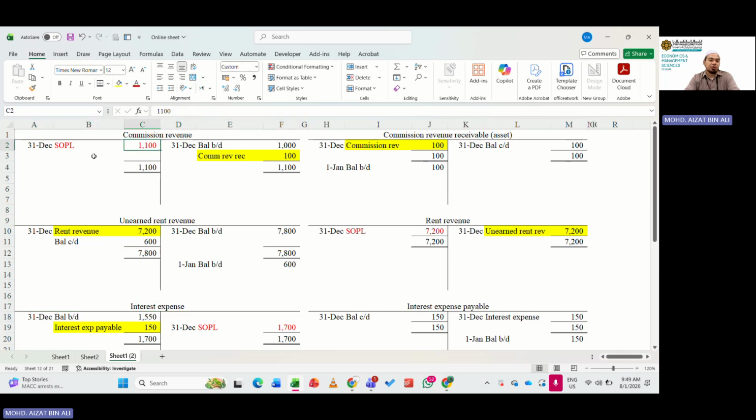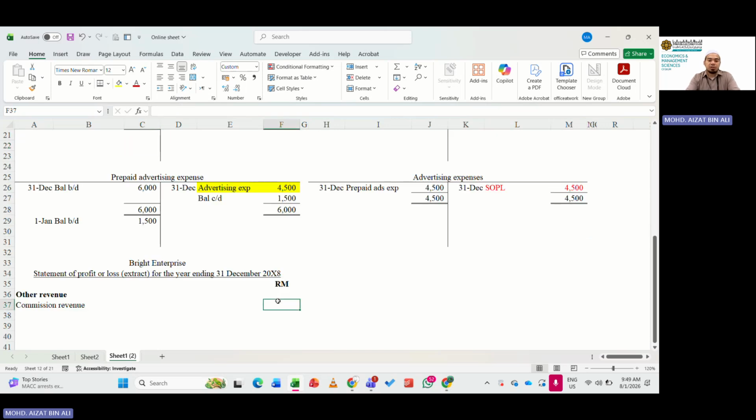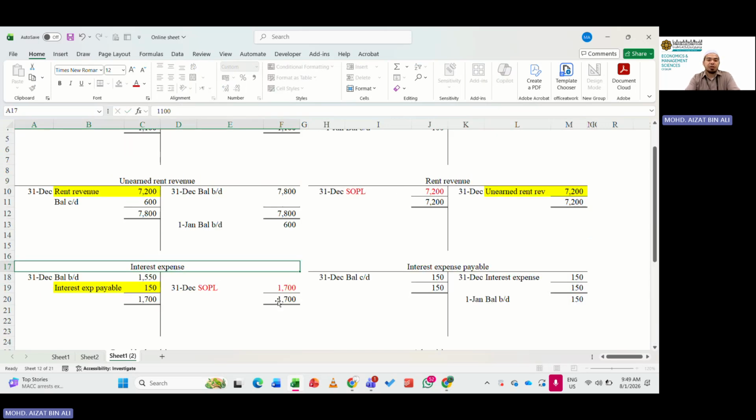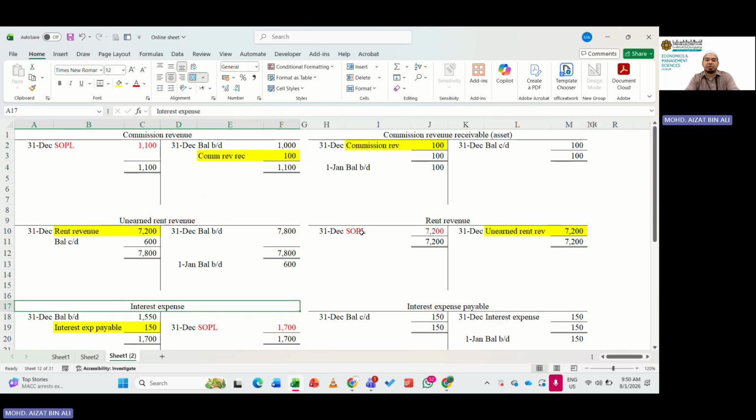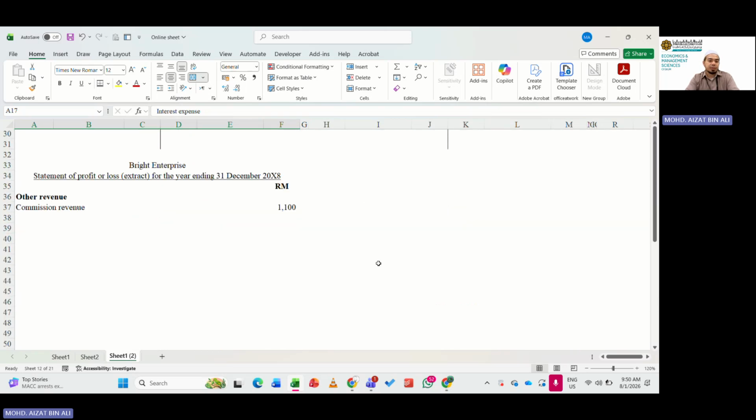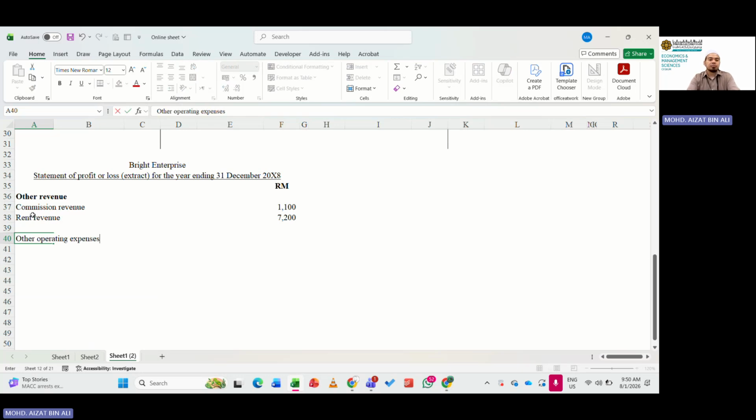Make sure you take the correct amount, the amount that goes to SOPL. 1,100 ringgit, and then we also have rent revenue, 7,200 ringgit. So we have the revenue, and then other operating expenses.